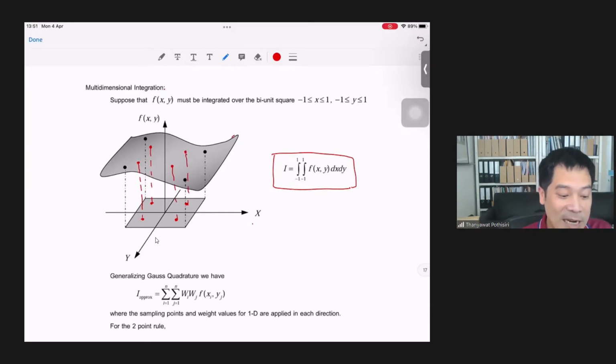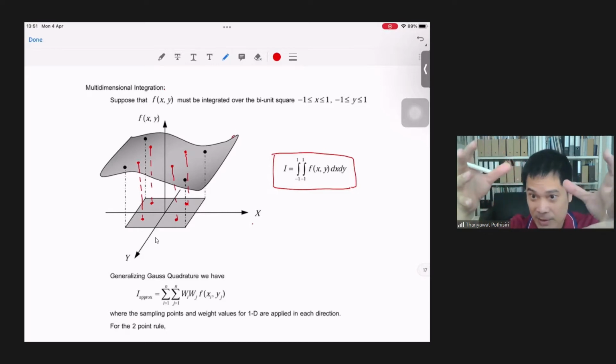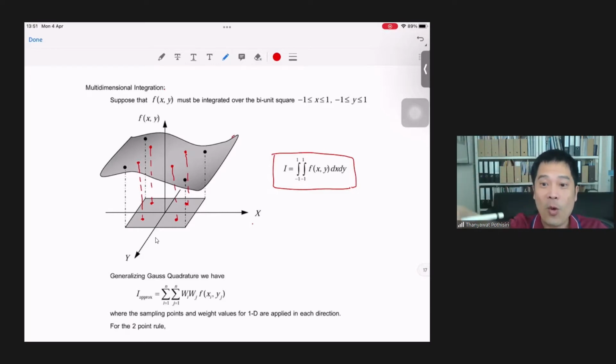And what I need to do is compute the volume of the prism by using these representative values of my function. Since you have 4 points, you can think of it as subdividing your prism into 4 quarters, right?